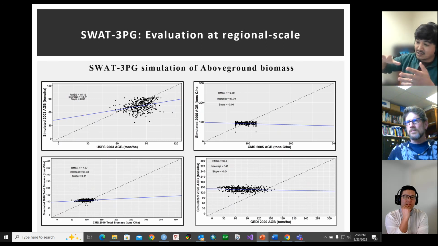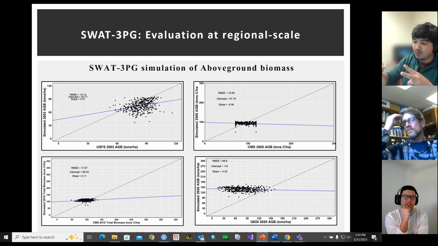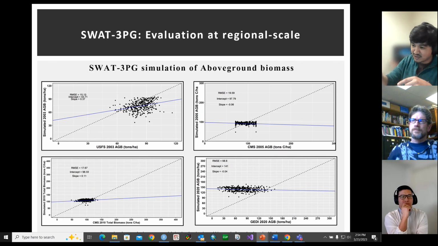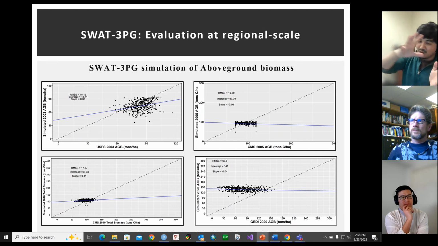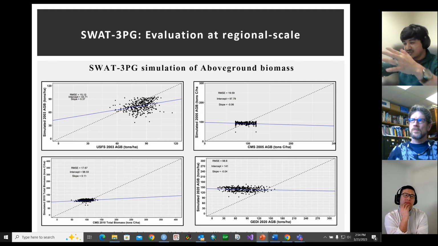Because our model is constrained against this remote sensing data set, we only used two forest species and then calibrated. Maybe that is the reason as well, because in SWAT 3PG, once the model reaches maturity, it does not gain much biomass. The forests that were not mature reach maturity and then stay around that biomass, and the ones that are already mature, because there's no disturbance, stay around that. So after some time, they kind of pull towards the same value.